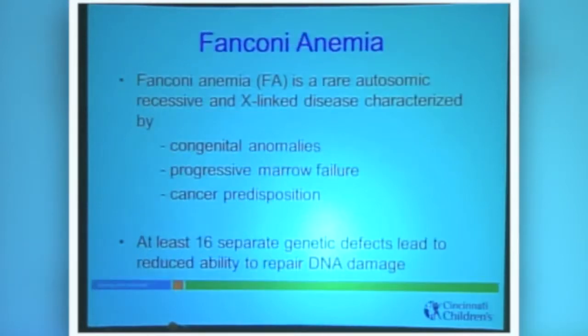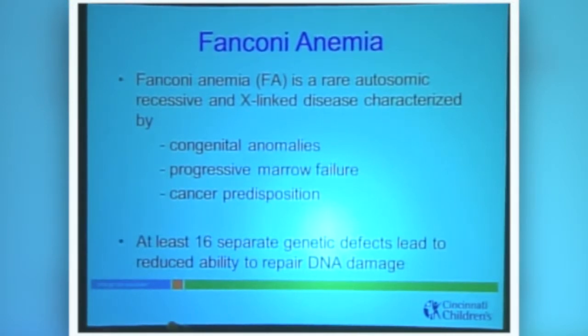So what is Fanconi anemia? Most of us are here because we know what Fanconi anemia is, but it's a rare autosomal recessive, for the most part, and sometimes X-linked disorder, which is characterized by congenital malformations, progressive marrow failure, and predisposition to malignancy.